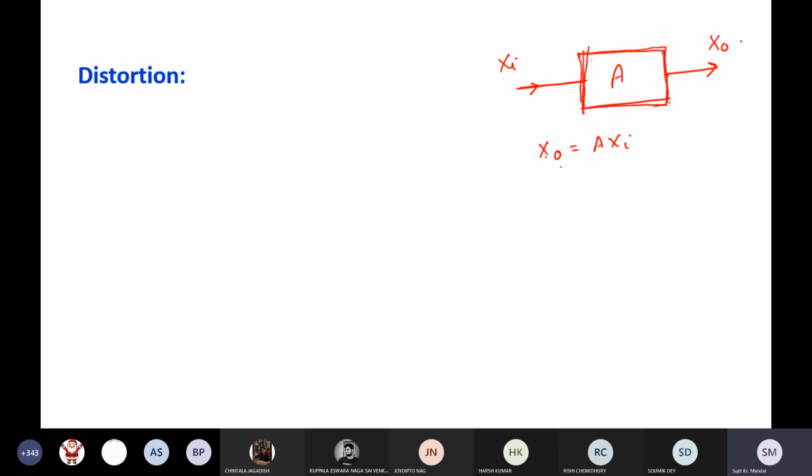Will you agree with me? Because if you consider the transistor characteristics or the diode characteristics, these are not exactly linear, whereas they are non-linear.